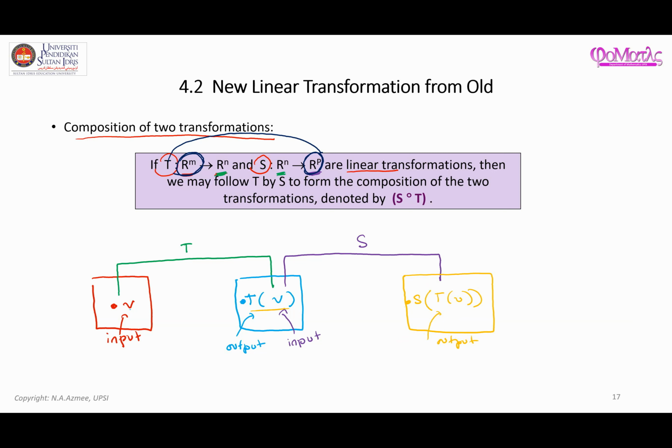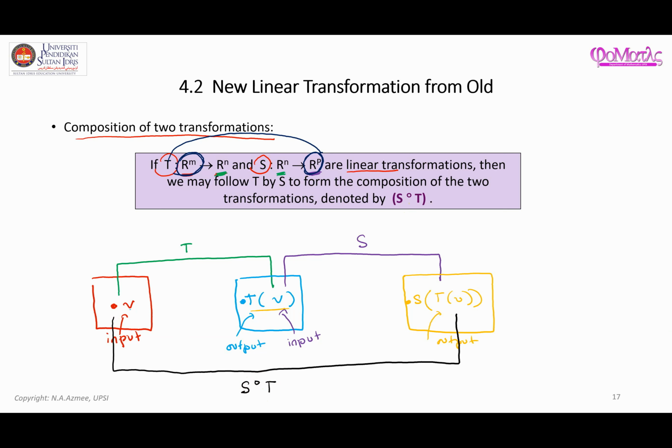So what we are looking for is this path of giving this input directly and getting this output directly without going through the middle part here. So we're looking to find what this function is, and this function is labeled as the composite function, where you have the composition of two functions S and T. So S composed T. This is a function just like T and S, but it is a direct function from this point to this end.